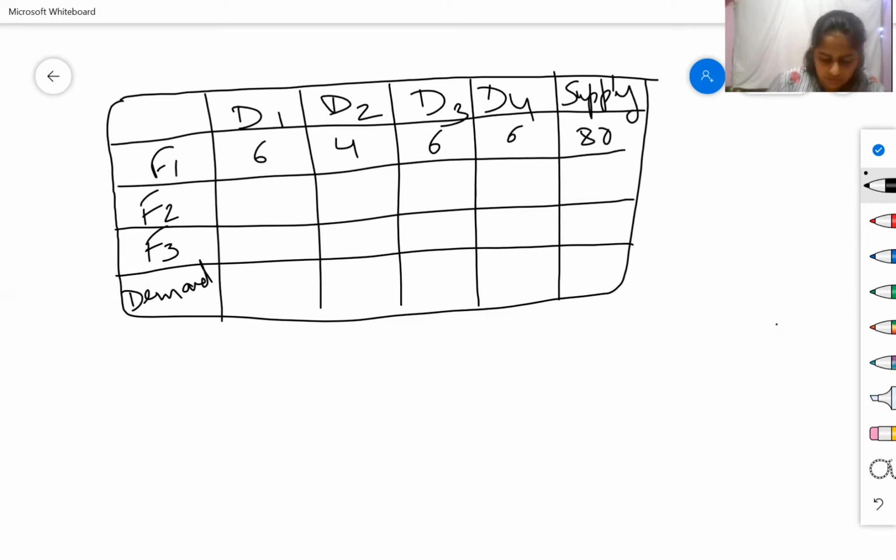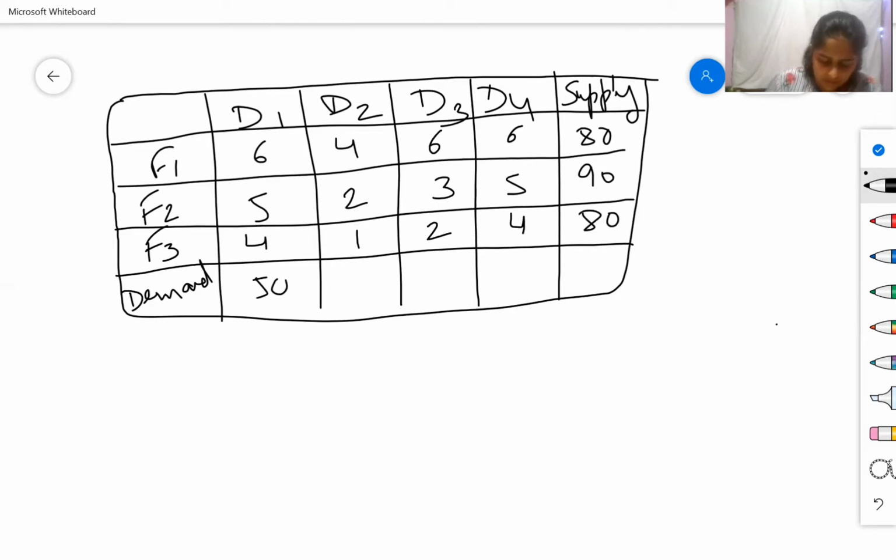Now for F2 D1 is 5 and for F2 D2 is 2, F2 D3 is 3, F2 D4 is 5 and supply is 90. Now for F3 D1 is 4, F3 D2 is 1, F3 D3 is 2, F3 D4 is 4 and the supply is 80.